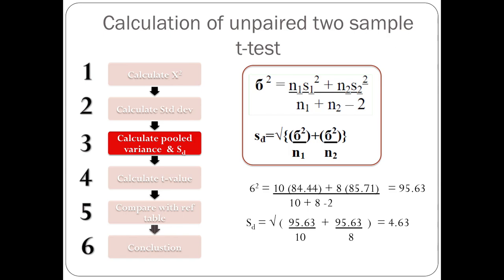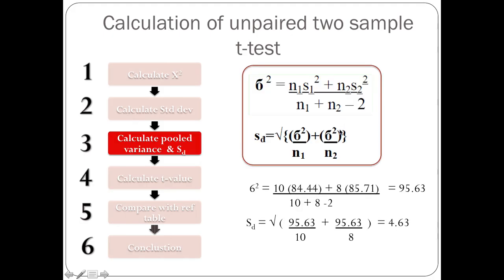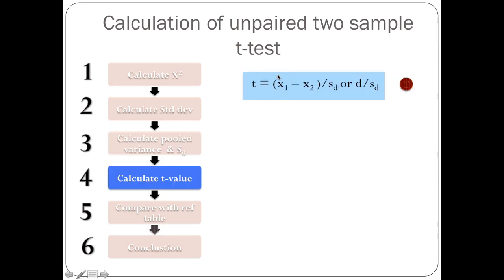So we move into the fourth step, calculate the t-value. This is the formula for the t-value. It is quite simple. It is exactly the same as the paired sample t-test. So x1 minus x2 divided by your standard deviation, which we have calculated over here, 4.63. What is the mean of x1 and the mean of x2?